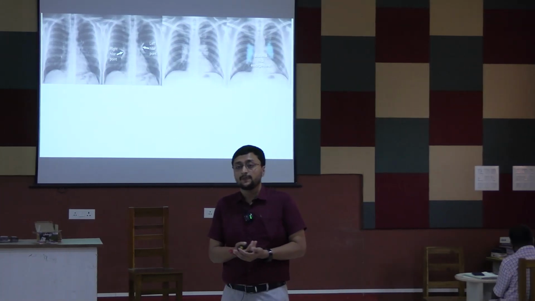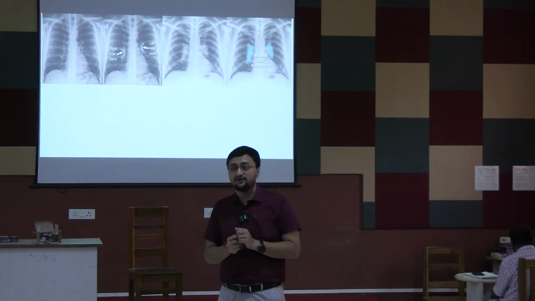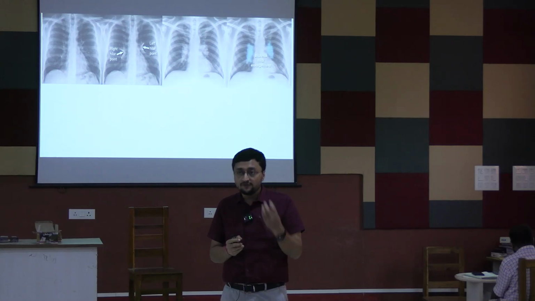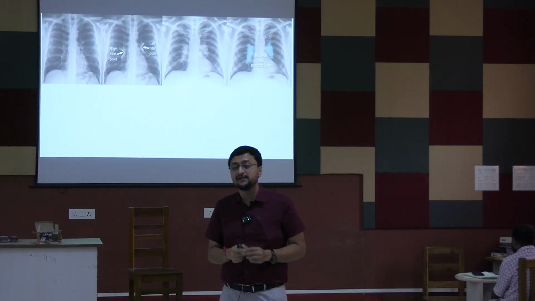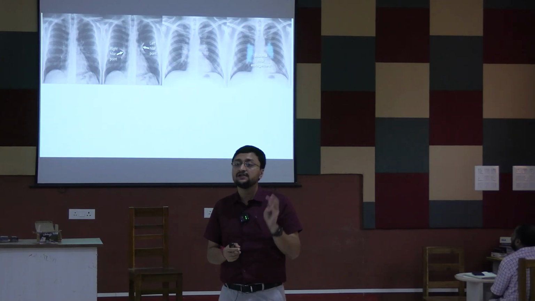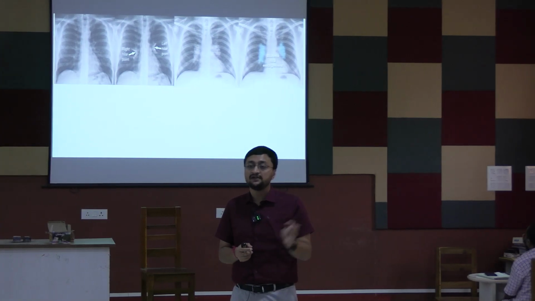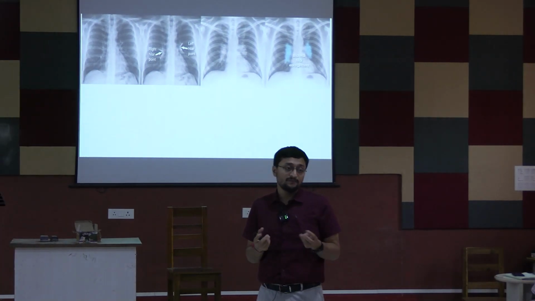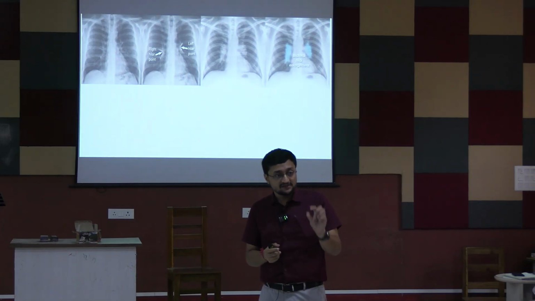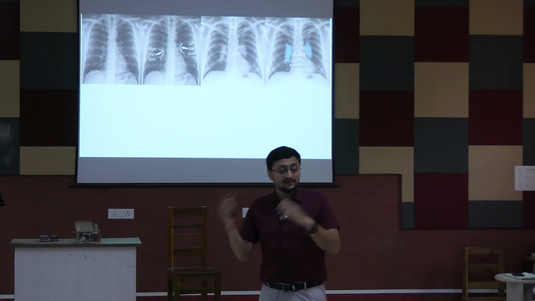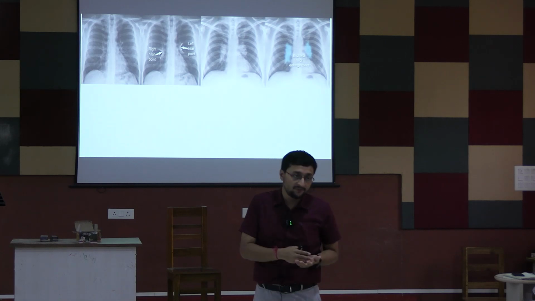If there is hilar lymphadenopathy or not. Hilar lymph nodes are most commonly enlarged in pathological diseases, right? Like tuberculosis, like silicosis, and in case of different malignancies as well. So you have to assess the hilar shadow and if there is hilar lymphadenopathy or not.